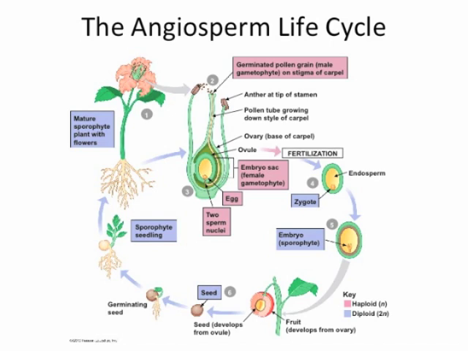So angiosperms have really intricate relationships with animals, with heterotrophic organisms, and they entice them to pollinate them. They also entice them with fruit to disperse their seeds.